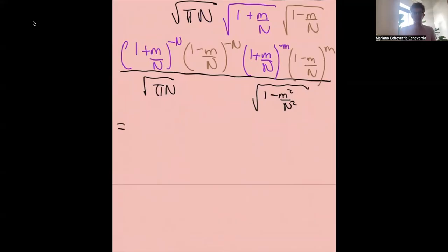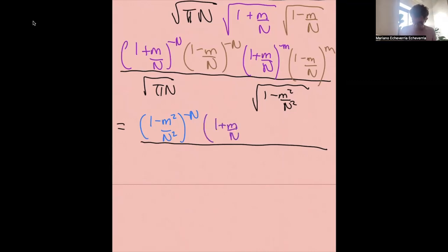Is that making sense? And then, just to put this in a different color, I'll combine these two as 1 minus m squared over n squared to the minus n. And then I'll keep these other two here, 1 minus m over n to the minus m, and 1 minus m over n to the n.